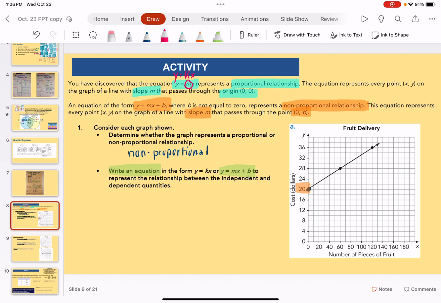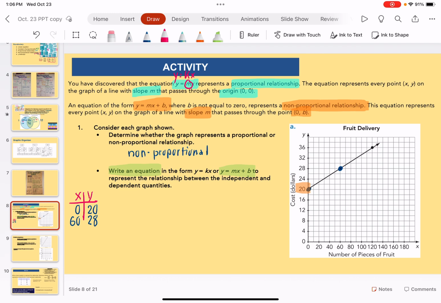And to start solving this graph, or to solve for the slope, we have to make a table. And we have to choose at least 2 points, because with the table, we need at minimum 2 points. So I'm going to use that y-intercept, that 0, 20. And then I'm going to also use this point right here. So this looks like 60 and 28.